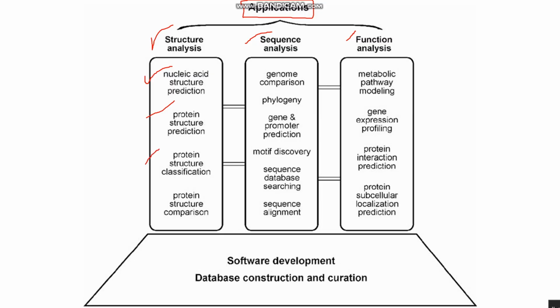Protein structure classification includes primary structures, secondary structures such as alpha helix and beta pleated sheets, and tertiary and quaternary structures. Those are the classifications of protein structures. And at the end, protein structure comparisons.